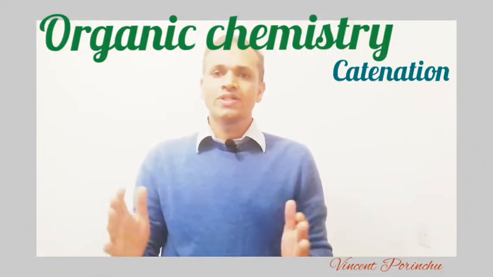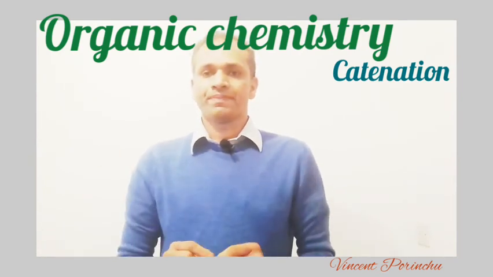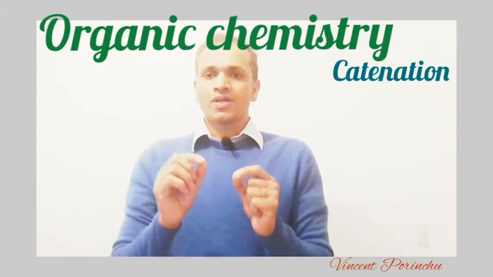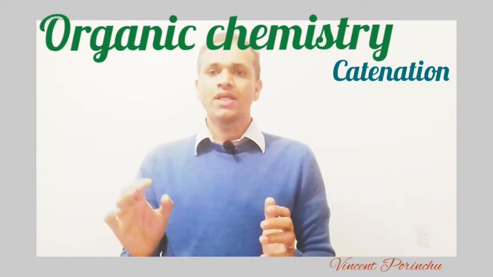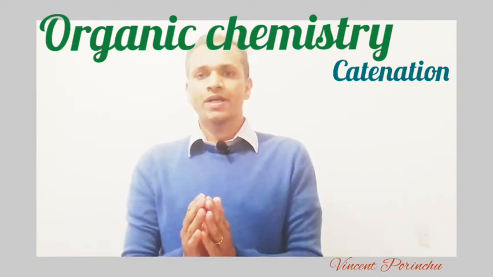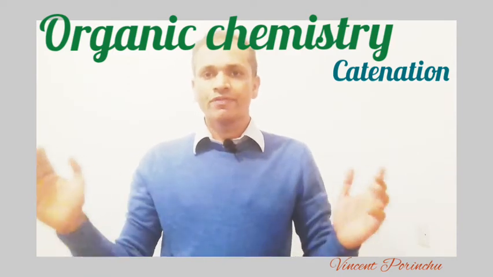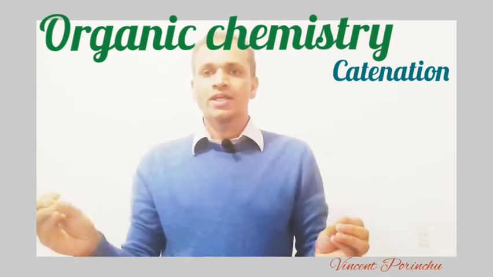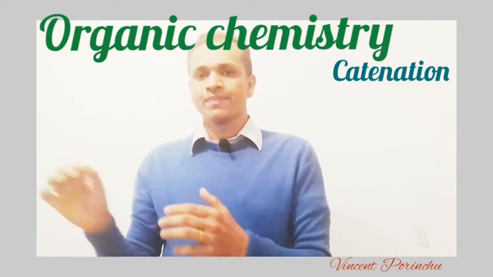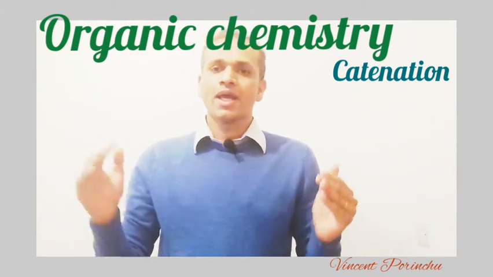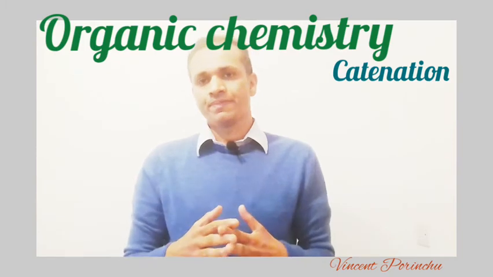Today we are going to discuss an important property of carbon atom. It is called catenation. Catenation is a self-linking property of carbon atom with another carbon atom, and then carbon can form long chain compounds, carbon-carbon bonds, C-C bonds, and at the same time carbon can also form closed type compounds.